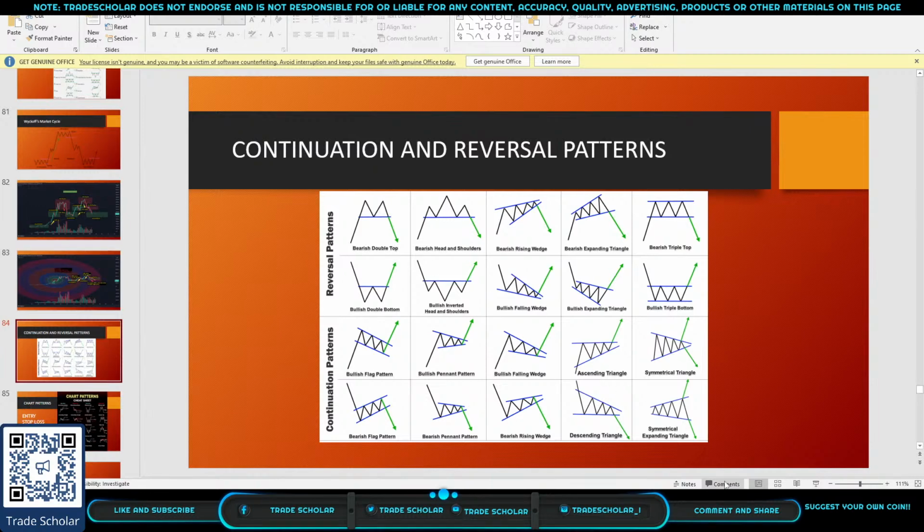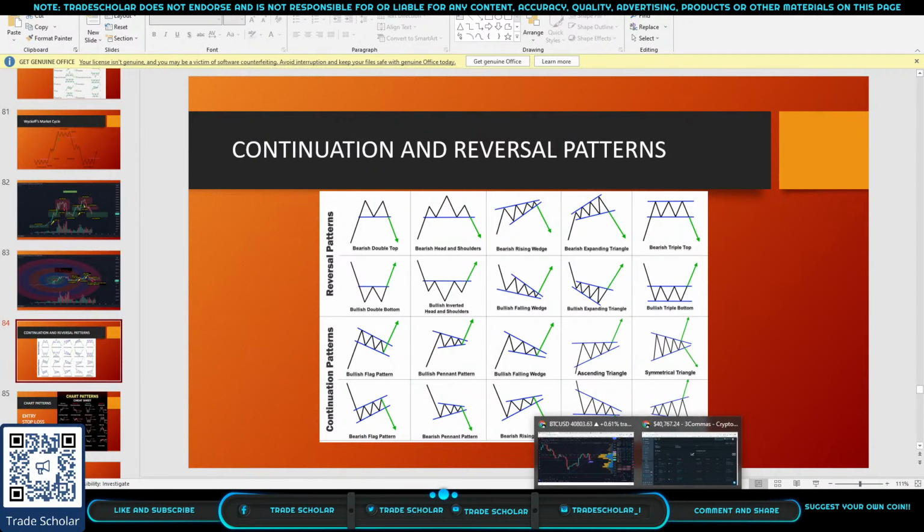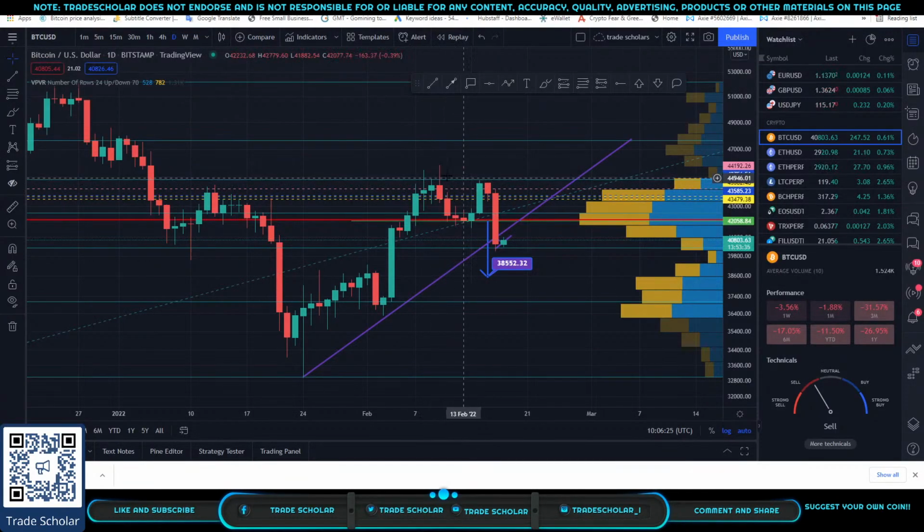The breakout is to the downside, and the price target is 38,500, measured from here. You can see it fits well with our coming support. We might bounce here. If we break this, there is weak volume here.